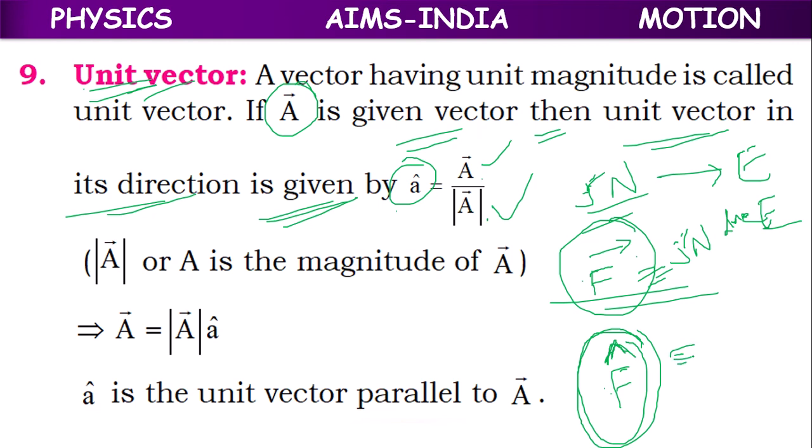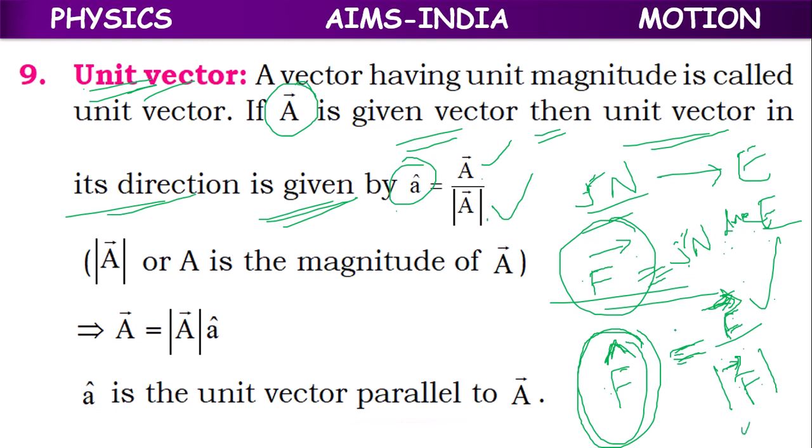For calculating the unit vector, we have to divide the complete vector with its magnitude and direction by its magnitude, modulus of F bar. F bar means the complete vector with magnitude and direction. Modulus of F bar means only magnitude, no direction. That is, 5 newtons due east divided by 5 newtons.